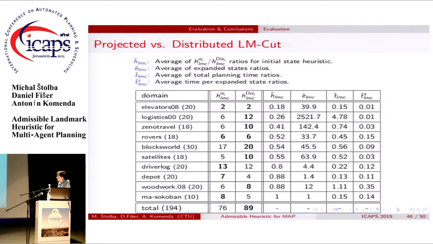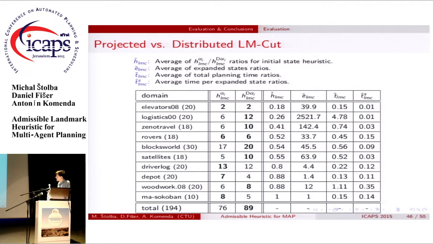So here we can see that when there is a difference in the heuristics, the distributed one has better coverage. From some level of similarity of the two heuristic estimates, the projected one gets better, except for the woodworking domain, where again we can see that the time difference per state is not that big, and although the heuristic values are much more similar, the informativeness is different because there is one private action which makes things quite different.